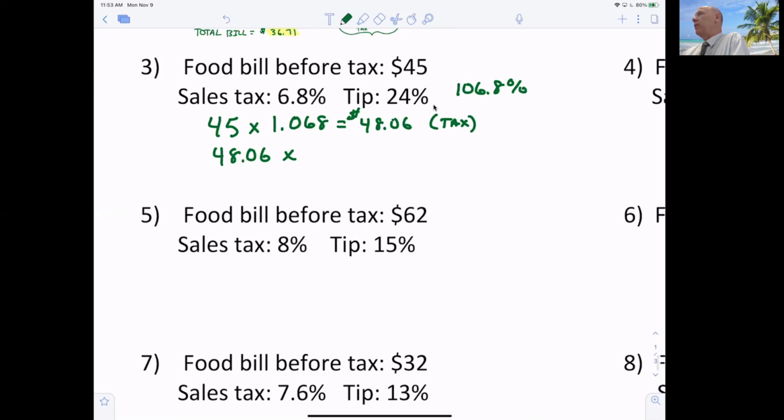How much tip are you leaving? So this represents what? 100%, and you're adding 24%. So what percentage is that? Right? Yes, 1.24, girl. Tell me what that is.